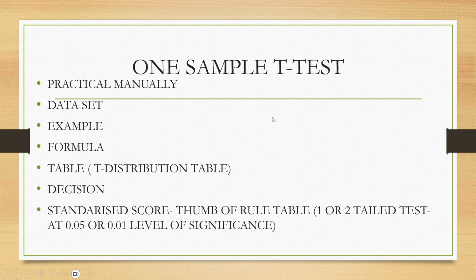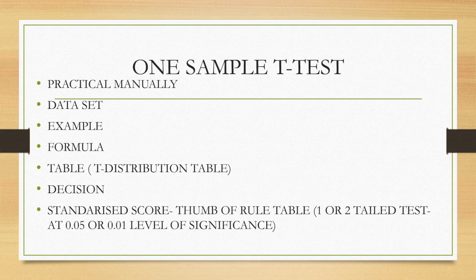Now we will see the one sample t-test, how we practically do this, with a data set here. In one example I show the formula, and how we can proceed from that formula to the t-table distribution. Then how to take decisions about whether our null hypothesis is accepted or rejected.